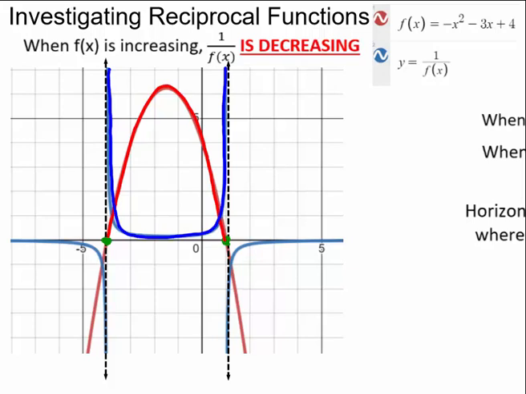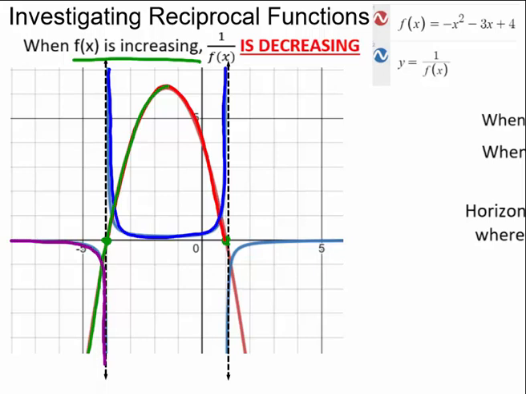Next thing to look at, what happens as my graph is increasing or decreasing? So if my original graph is increasing, where's that occurring? That's occurring basically in the first half of the graph. In this section of my graph, my y values continue to go up, to increase, up to about there. So looking at the reciprocal now, from left to right, it is hard to tell here, but it is decreasing, and then it decreases much more quickly.